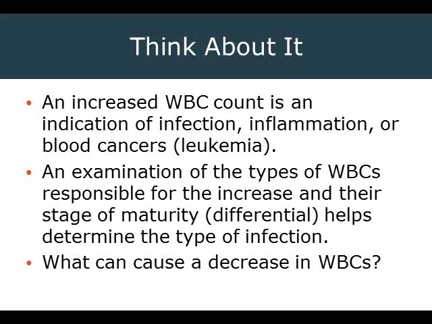So what can cause a decrease in white blood cells? Most of the time, it's, well, number one, reducing any of these infections and inflammations, or leukemias, fixing those above stated problems, but in many cases they're also killed off by certain medications. Chemotherapies and radiation therapies can knock off white cells as well.